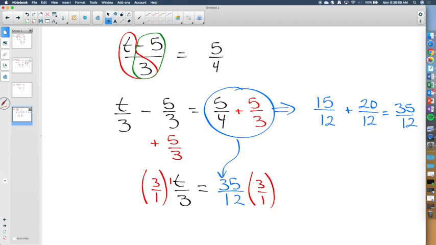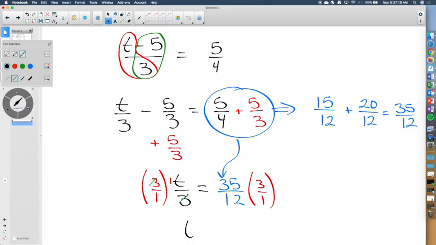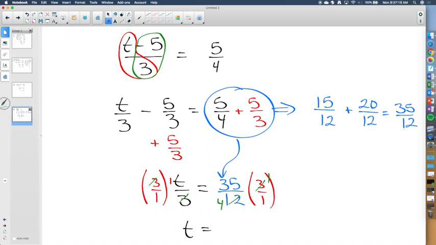So I'm going to multiply both sides by 3 over 1, and this is going to cancel everything here, and then I'm left with t on the left-hand side. On the right, the 12 and the 3 can cross-reduce. This becomes a 4, and that's a 1. So I'm left with 35 over 4.